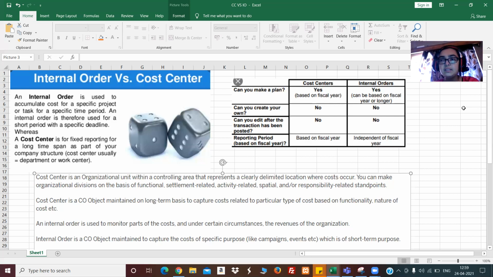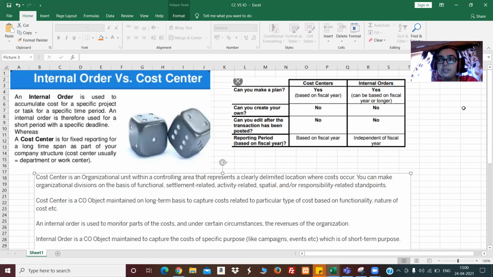During these 3 days they have many expenses like fuel consumption and convenience allowance for their staff. All these costs are captured under the internal order, and if any car is sold during these 3 days, that profit is also captured under the internal order.